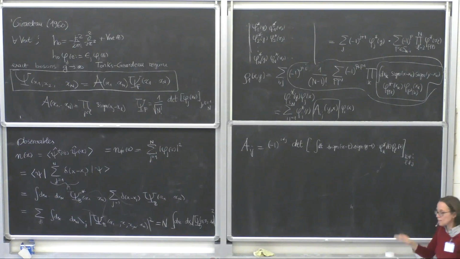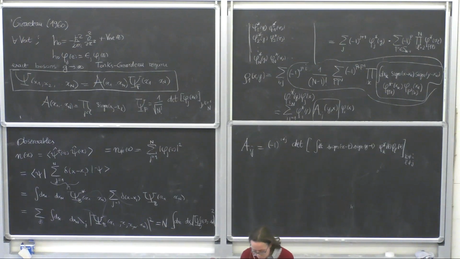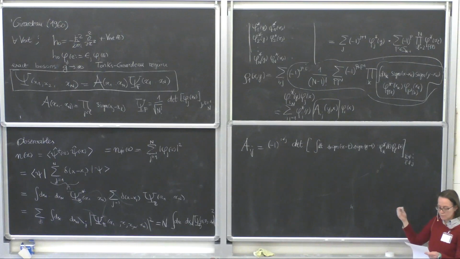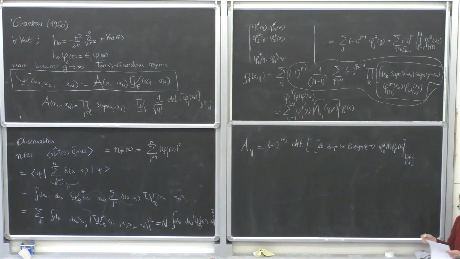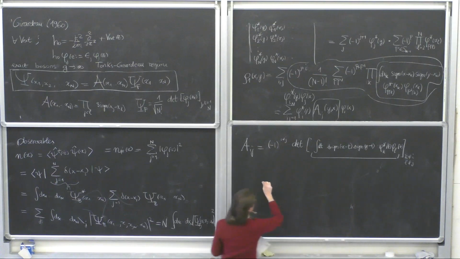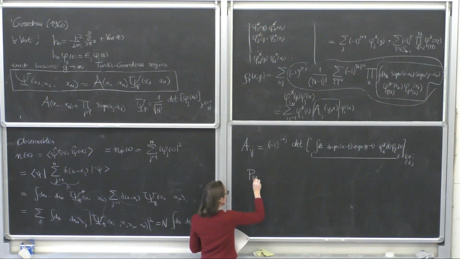So there are many other ways it can be rewritten. For example, as the determinant of another matrix times the transpose of the inverse of that matrix. So the most important is this quantity here that I call pKL.